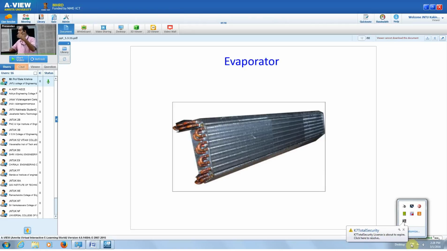And the condenser and the compressor are always outside the conditioning space. And you will see types of air conditioning like window air conditioning or unitary air conditioning, maybe split air conditioning and then centralized air conditioning. How this will work, we will see further.